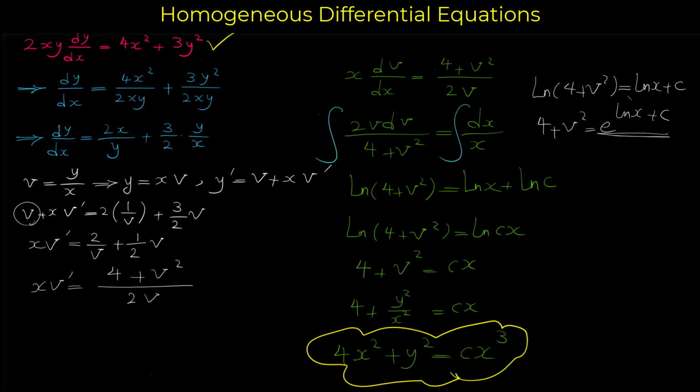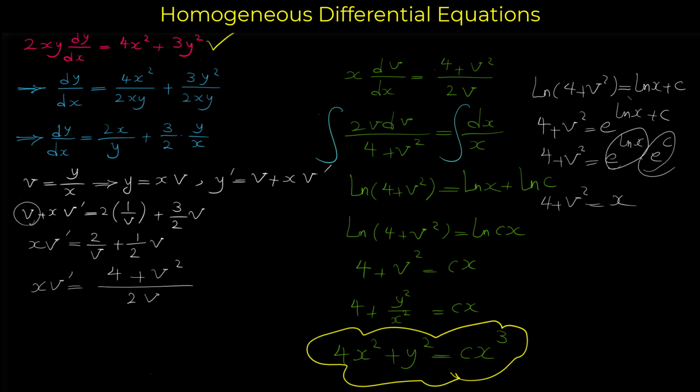Now, let's simplify this. E to the ln of x plus c is actually e to the ln of x times e to the c. E to the ln of x is x, because we know that e to the ln of any expression equals the same expression. So we have 4 plus v squared equals x times e to the c.